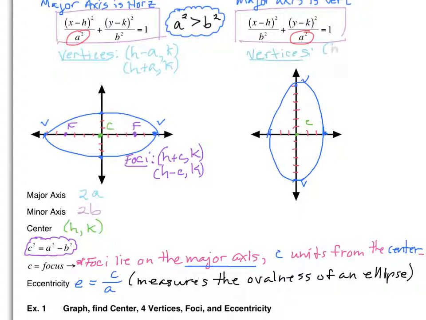So we have (h, k plus a) and (h, k minus a). And then your foci are also affected. They only affect the y value of the center. So we have (h, k plus c) and (h, k minus c).